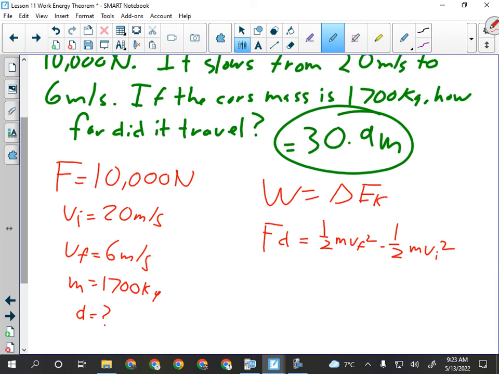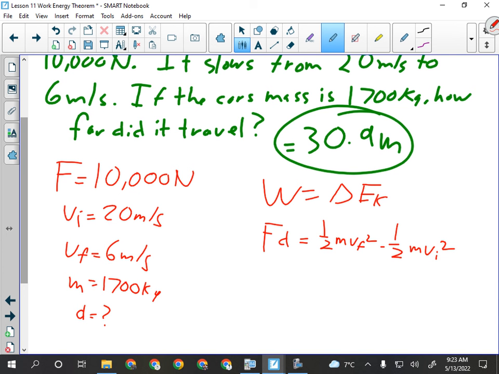But what other number in this should have been negative to make sure that that number came out positive, because that says when I apply the brakes, I go backwards. I accelerate backwards, but I don't go backwards. I knew that it was supposed to be positive, so I committed. Okay, but what number in this should I make negative? One of these is a vector quantity, and it's not the speeds.